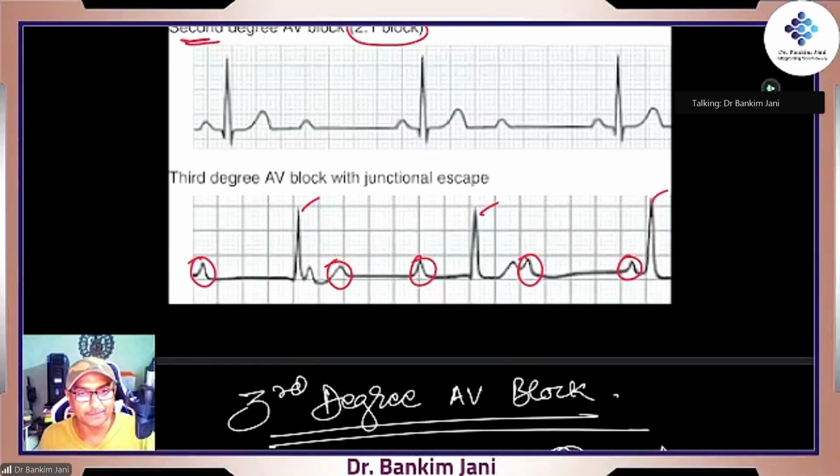No association. Right? Everyone is beating in their own way. So when you don't find any association between this P and the QRS complex, that means you are dealing with the AV dissociation, or the third degree AV block with junctional escape.